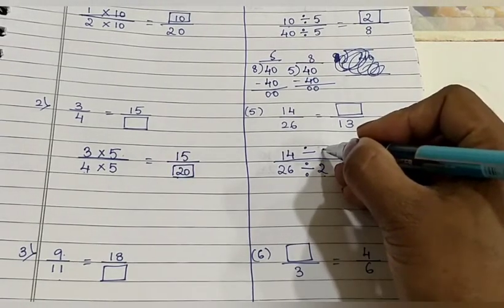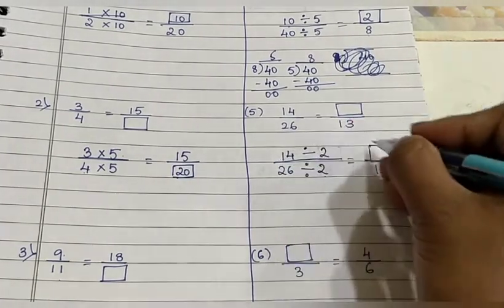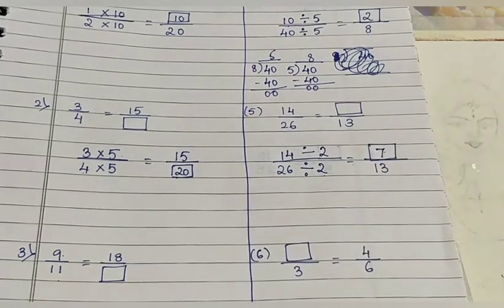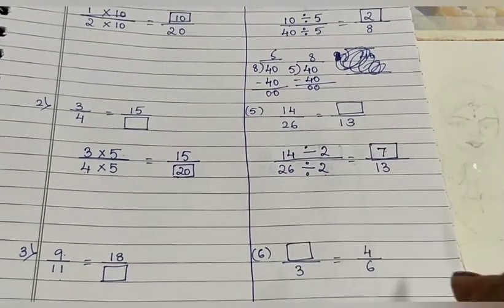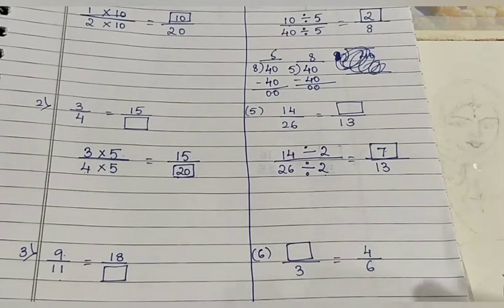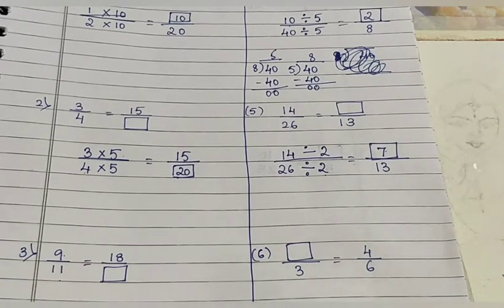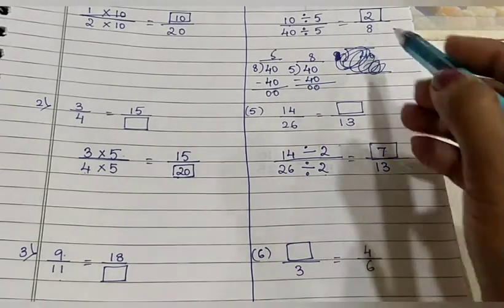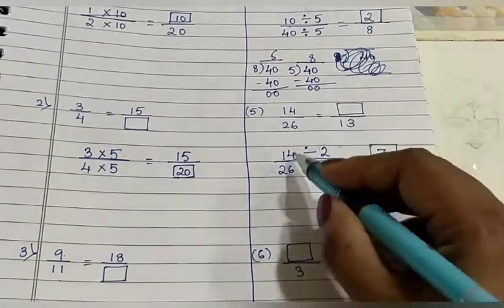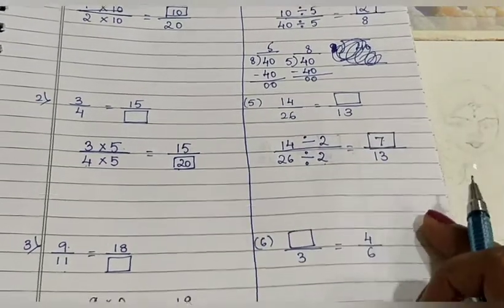Now when you divide 14 by 2, what will you get? 7. 7 ones are 7, 7 twos are 14. Or you can say 2 ones are 2, 2 twos are 4, 2 threes are 6, 2 fours are 8, 2 fives are 10, 2 sixes are 12, 2 sevens are 14.